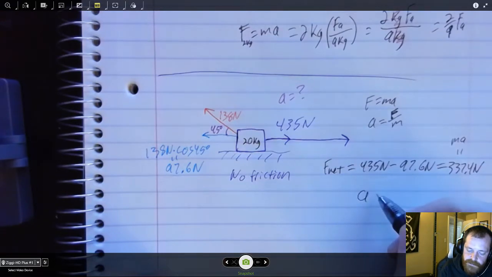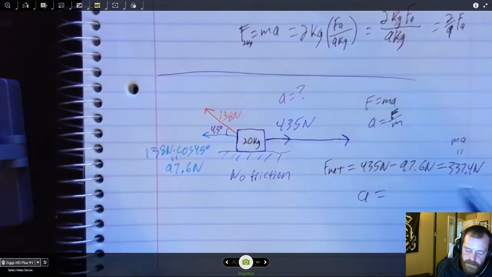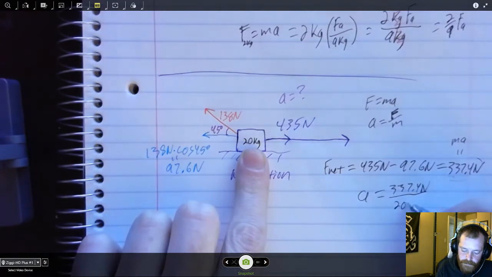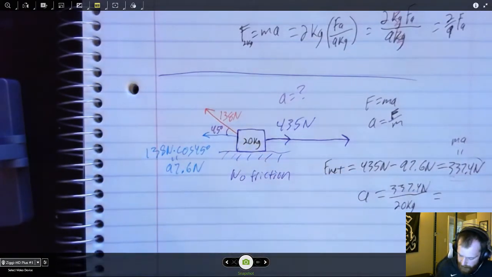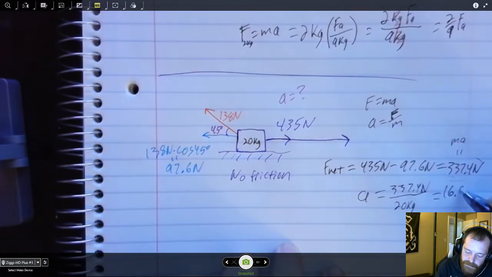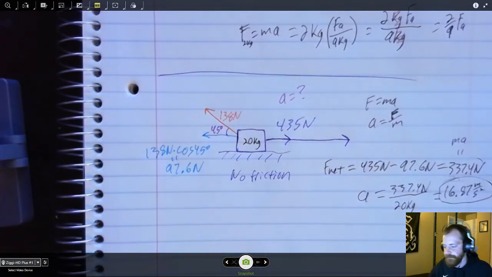Dividing 337.4 newtons by the mass of the object gives an acceleration of 16.87 meters per second squared. I'm not rounding to significant digits here.